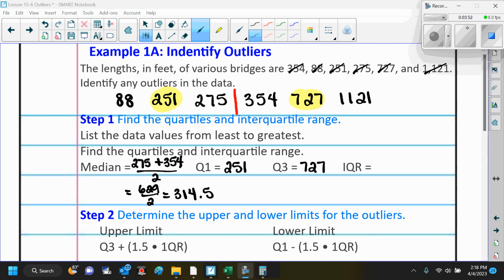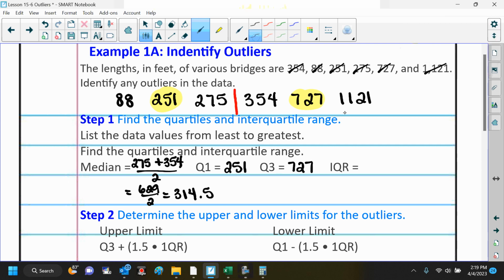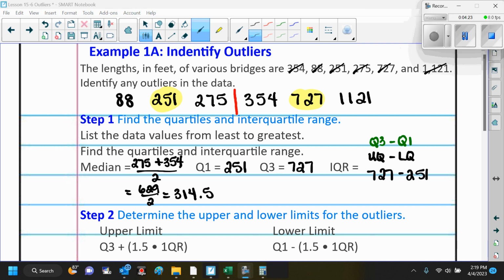Now remember, to find the interquartile range, we subtract the lower quartile from the upper quartile. In other words, that is Q3 minus Q1. So we're going to subtract 727 minus 251. When we do that subtraction, we get 476.